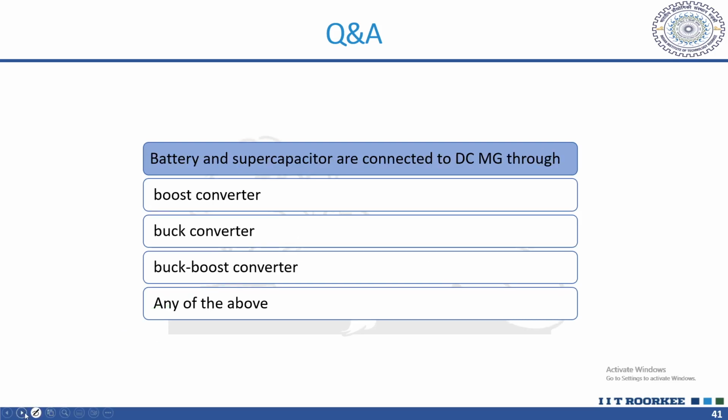Then a battery and supercapacitor are connected to DC microgrid through boost converter, buck boost converter. Okay, we got one buck boost converter in here.